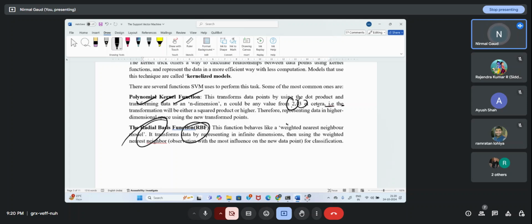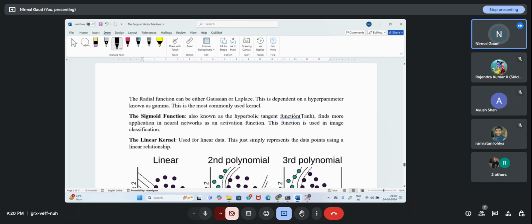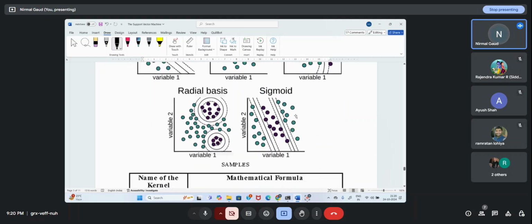This function behaves as a weighted nearest neighbor model. It transforms data by representing it in infinite dimensions, then uses the weighted nearest neighbor for classification. So this is radial basis.